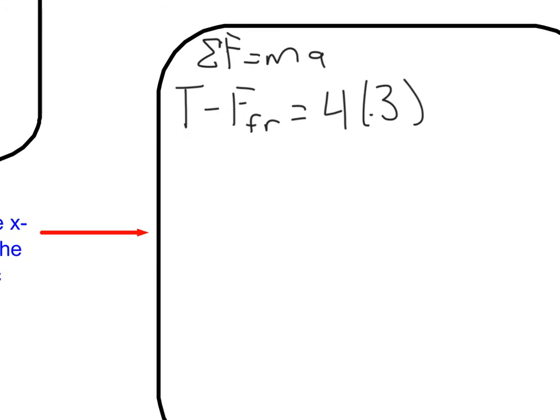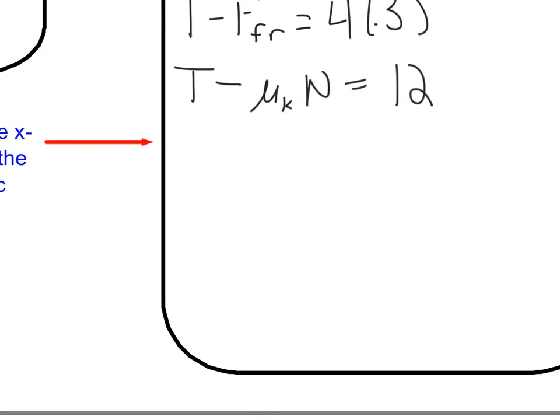So my tension I don't know, but I can do a little bit of substituting in for the force of friction. That equation from the last slide told us that the force of friction was mu k times the normal force. And that is going to equal 12. So mu k times the normal force is my kinetic friction. I actually know both of those numbers. I solved for my normal force before, so that was 40.